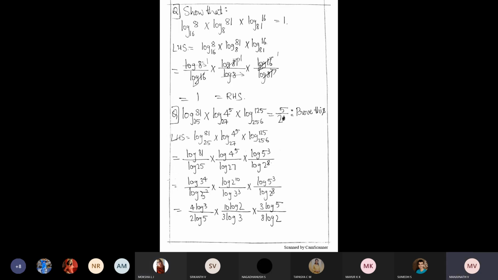Take this problem. Log 8 base 16 into log 81 base 8 into log 16 base 81 should be equal to 1. Take this. It's just one step answer. All these things you may get it in section C for 3 or 5 marks.